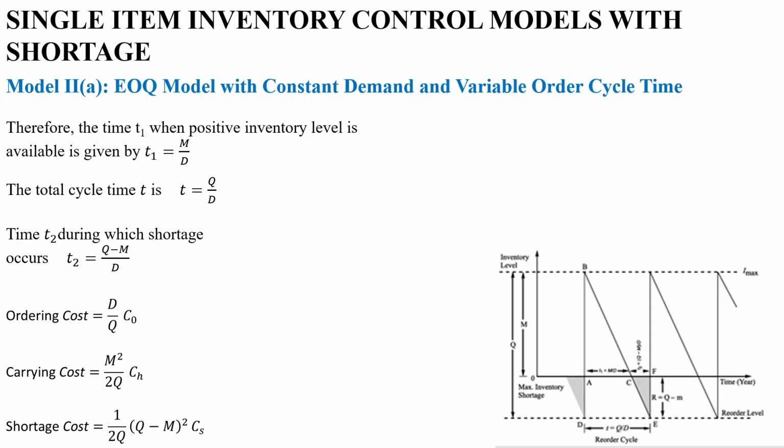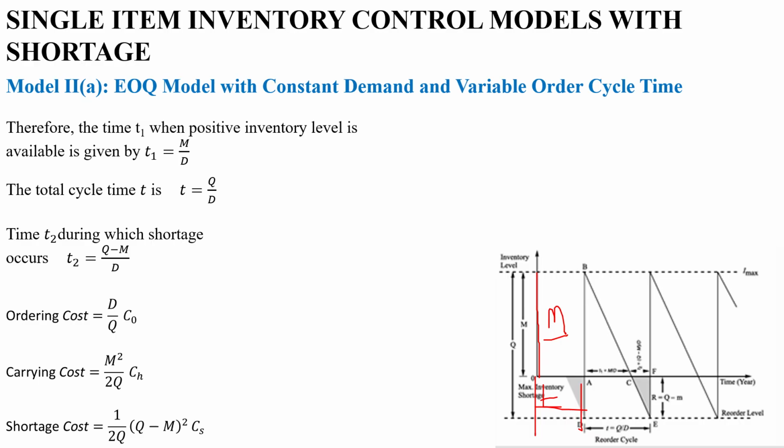Next model is model 2A, EOQ model with constant demand and variable order cycle time. First formula T1, which is the time when positive inventory level is available. So this positive inventory level we are considering as capital M. Then T1 equal to M by D. And cycle time small t is equal to Q by D. And one more formula is T2.